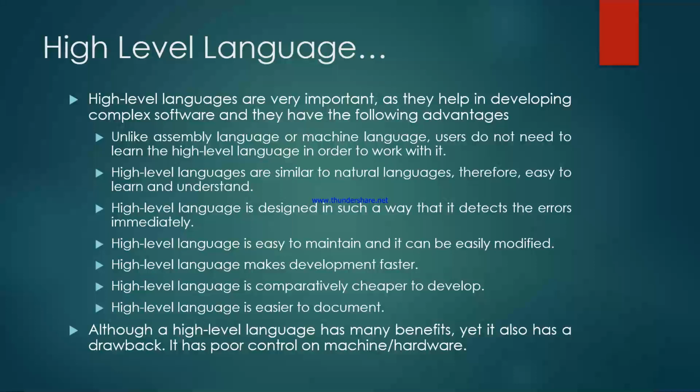Here we have discussed many advantages of high level languages, but there is also another side to it. Although we have discussed many benefits, it also has a drawback. The drawback is poor control over the machine hardware.